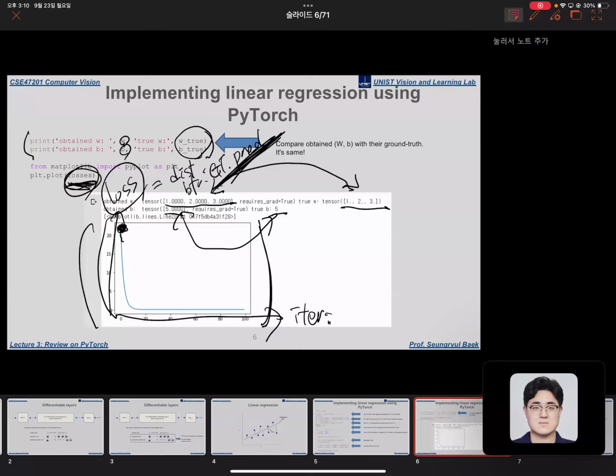But as W and B become smarter, the loss, which is the distance between ground truth and our prediction, reduces gradually. And actually, it goes close to zero. So you can see our W and B are becoming close to the ground truth W and B. Okay? Are you guys understanding this?